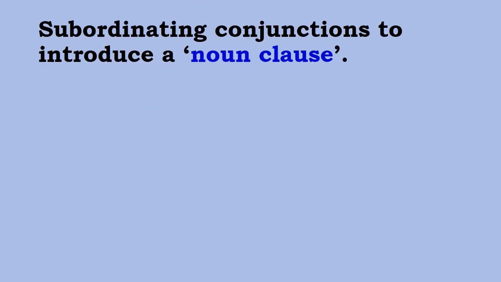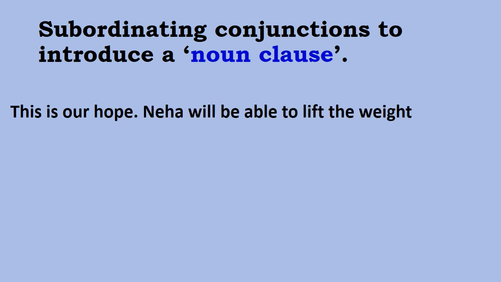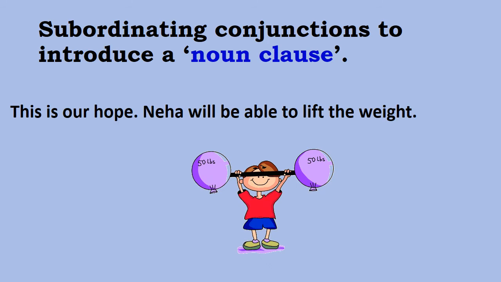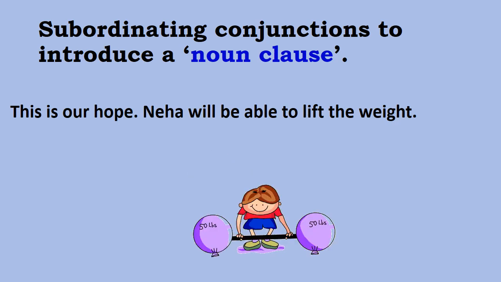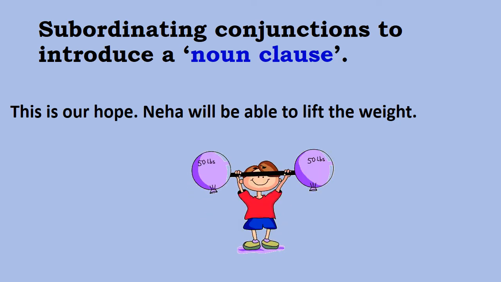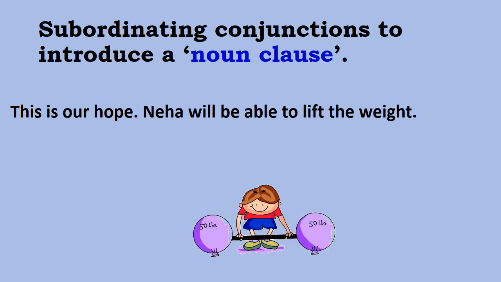We begin with subordinating conjunctions that introduce a noun clause. This is our hope. Neha will be able to lift the weight. Okay, these are the two sentences. Now we have to make one sentence a subordinate clause, and the main meaning should always be in the main clause.